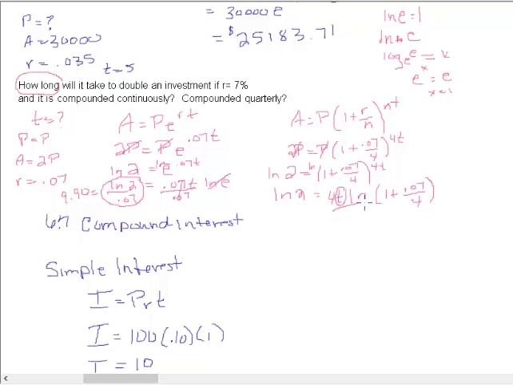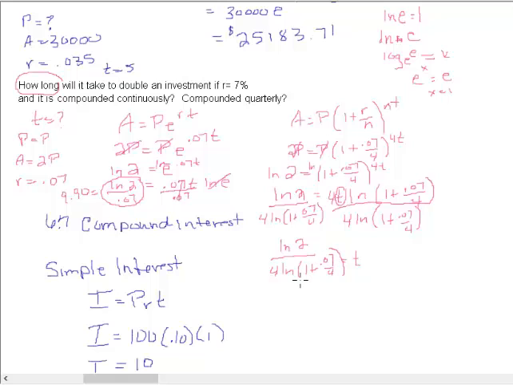So I'm going to divide both sides by everything but the t. So t is equal to that quotient, natural log of 2 over 4 natural log of 1 plus 0.07 over 4.